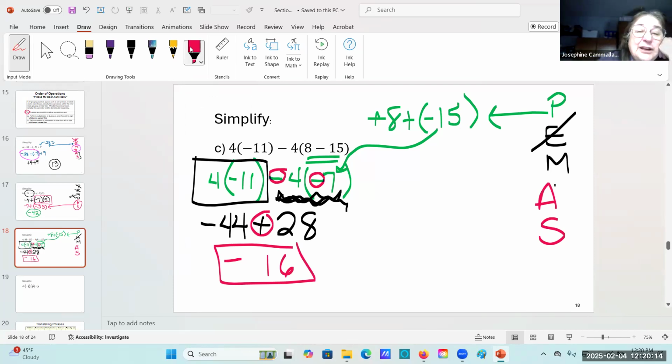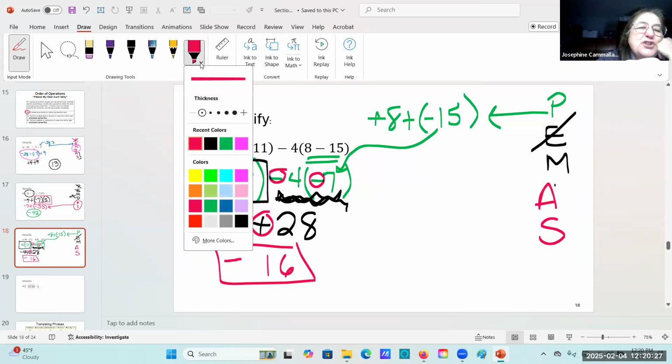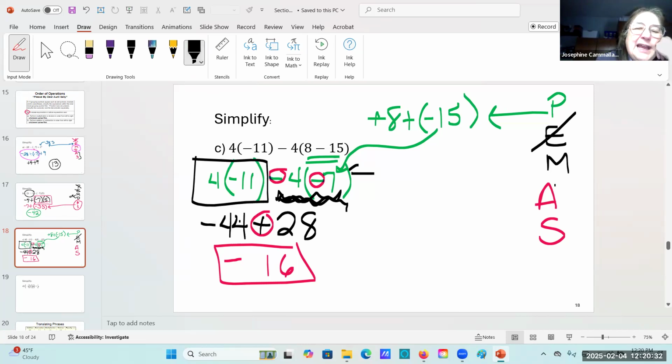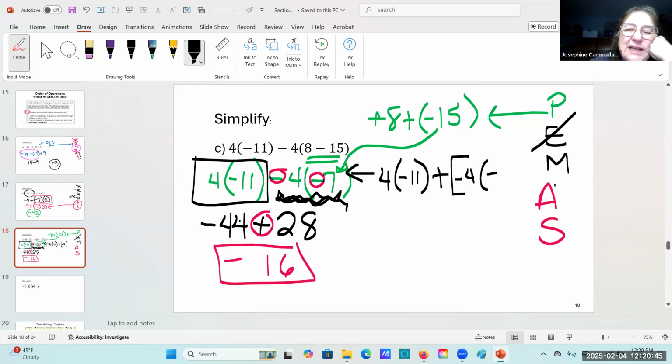Be careful here, okay? 4 and negative 7 are back to back. We have a parentheses. I know this may seem strange, but I'm going to write this a little differently for you. This line is saying 4 negative here plus a negative 4 times a negative 7. Okay?